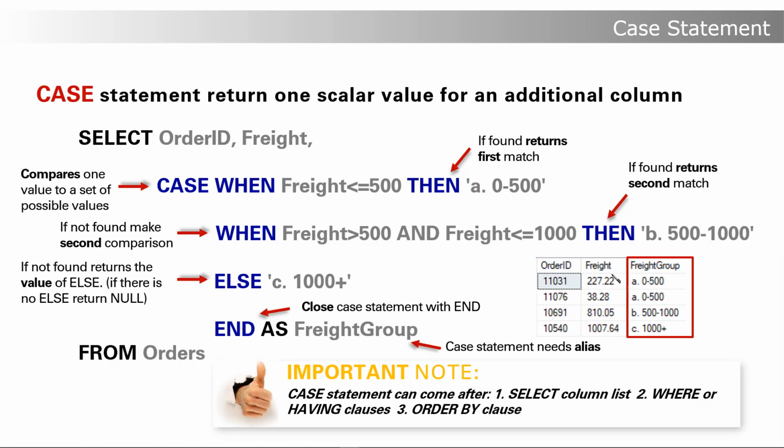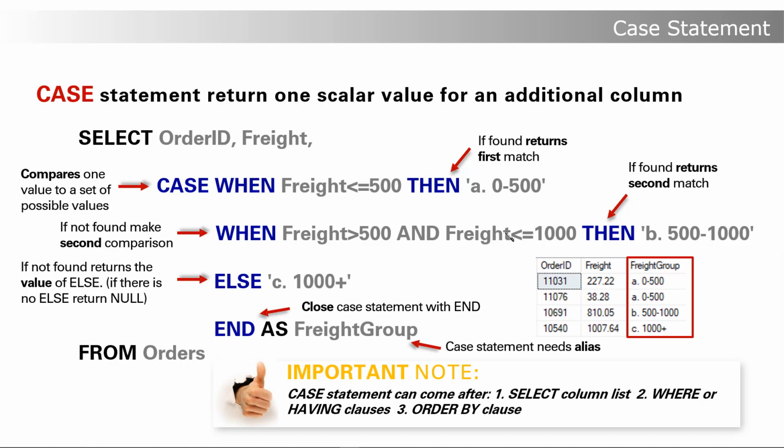So if we have freight that is lower or equal to 500, then we want to call this group A, 0 till 500. So if we found in the first row a value that answers the condition, we return the name of the group.